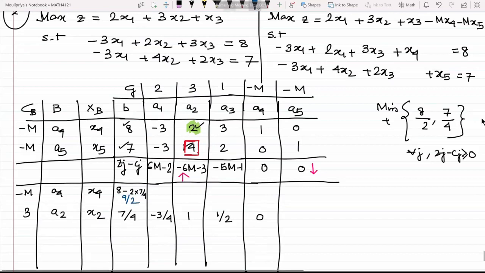What does the second element come to? It was initially 3 minus 2 into minus 3 by 4. What about this one? Minus 3. Minus 3/2.